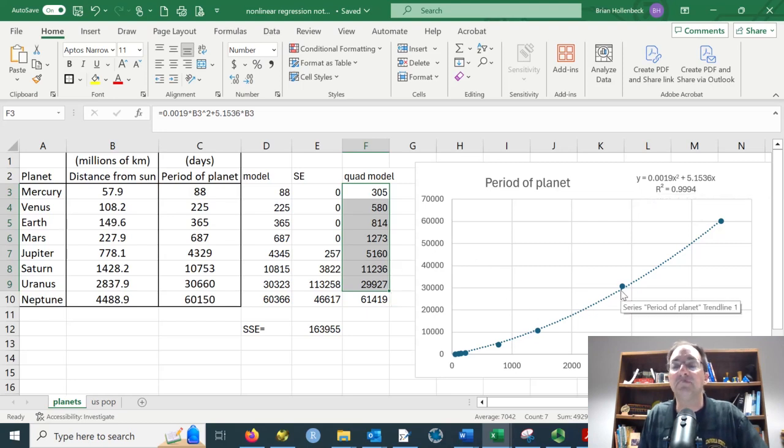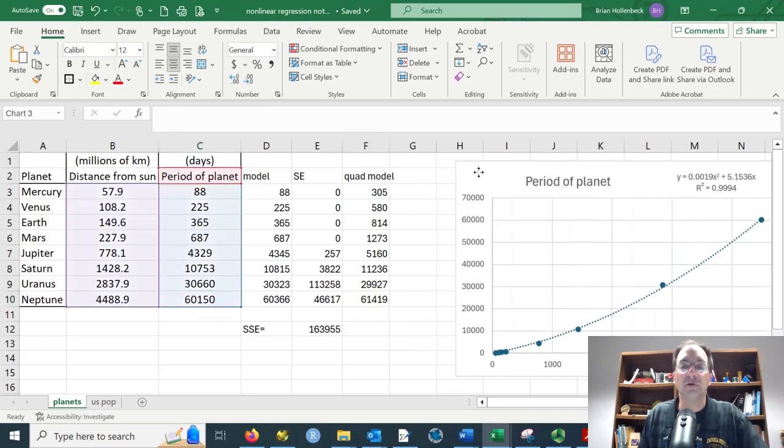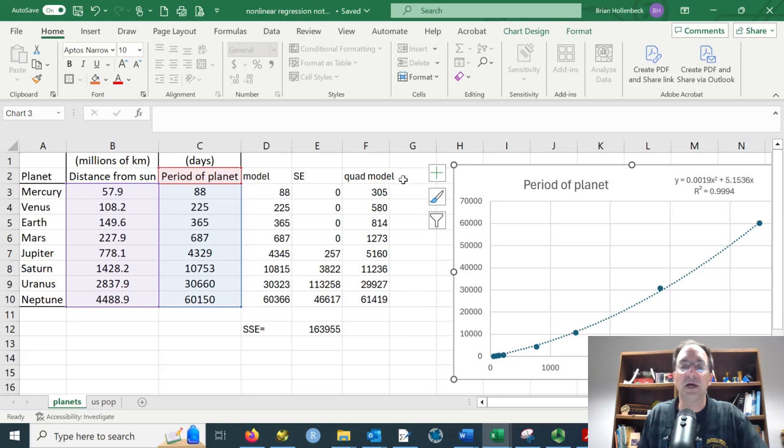So for instance, this point here, it looks like it's around 30,000, a little bit below the dot. And when I look at this, I see, yeah, a little below 20,000, a little bit below the actual dot. That looks encouraging. This one looks pretty close, 61,000, 60,000. Yeah, so overall, not too far off from the line.